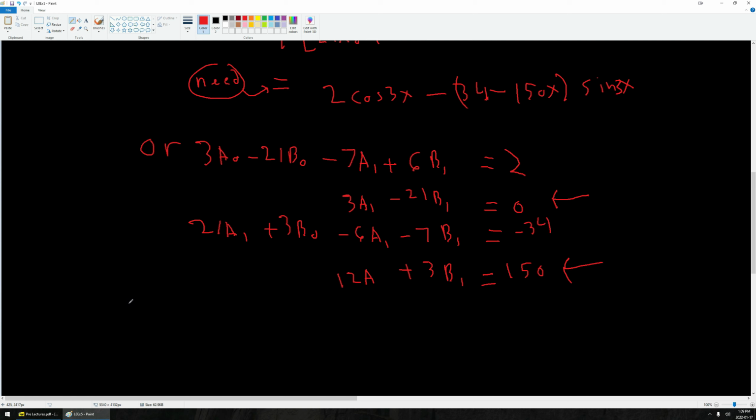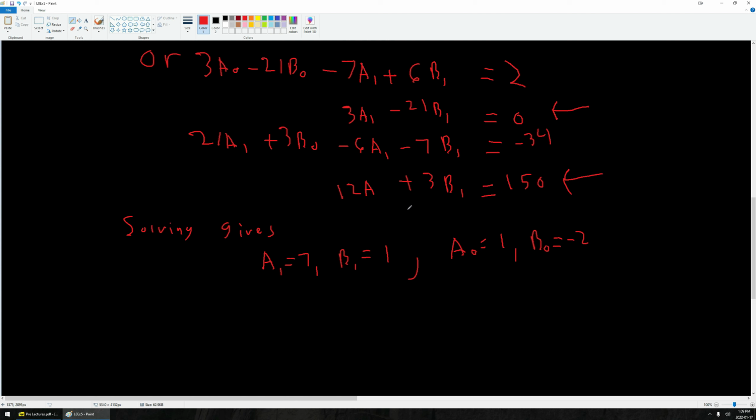So when I solve this, I'll end up finding first that a1 is equal to 7 and b1 is equal to 1. And after I do that, I will find that a naught is equal to 1 and b naught is equal to minus 2. Again, that's solving one and then the other. I highly recommend doing it like that. But if you really want to solve the 4x4 system, you can. It's up to you there.